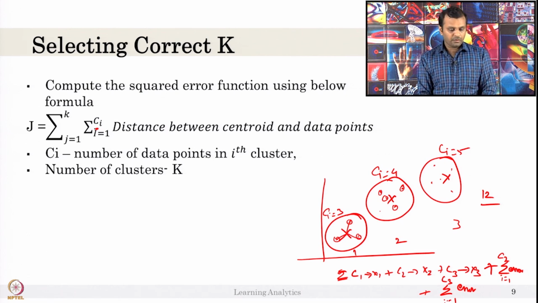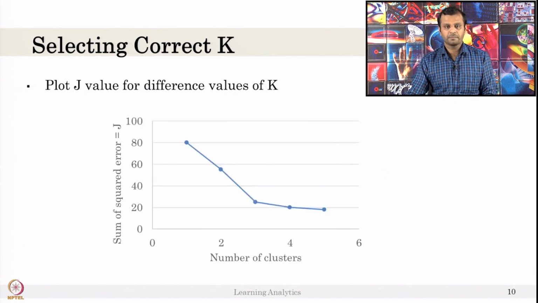So, now what we have to do is compute this objective function J for k equal to 1, k equal to 2, k equal to 3, for the different cases. Let us see.